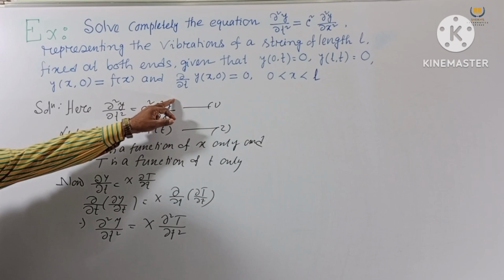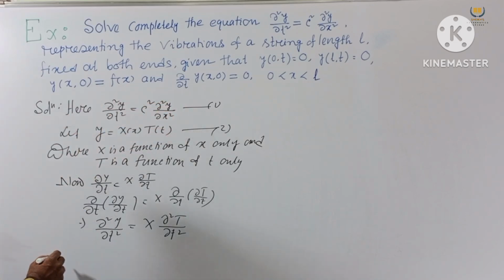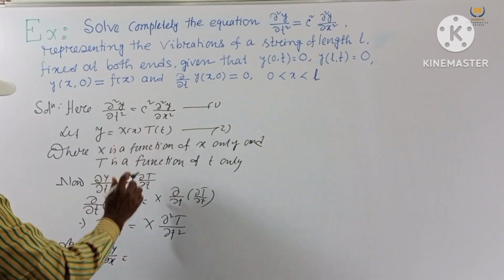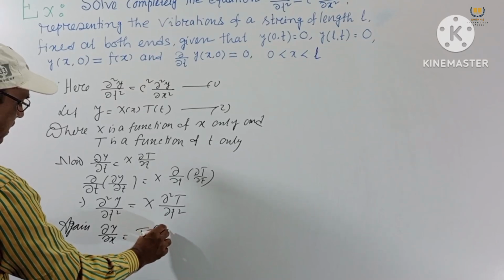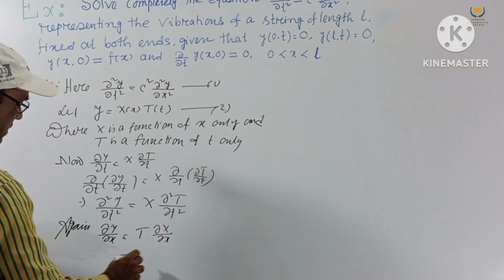Again the right hand side, ∂²y/∂x². We get ∂y/∂x, where T is constant, T ∂X/∂x.